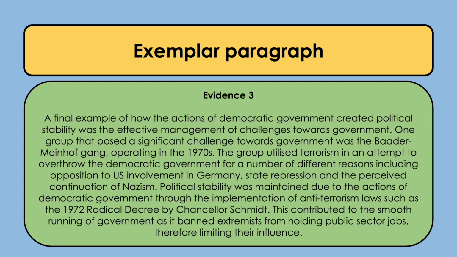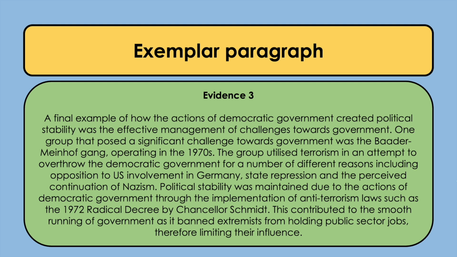One group that posed a significant challenge towards government was the Baader-Meinhof gang, operating in the 1970s. The group utilised terrorism in an attempt to overthrow the democratic government for a number of different reasons, including opposition to US involvement in Germany, state repression, and the perceived continuation of Nazism.